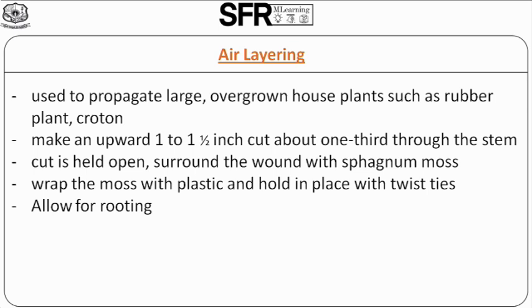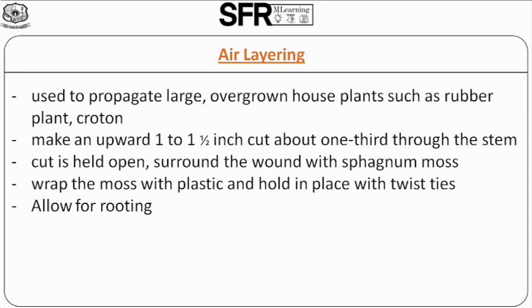Select such a matured stem and make a ring-like cut on the stem at two edges. It should be 1 to 1.5 inch in length. Make a circular cut on the two edges and remove the bark. Make sure the bark is completely removed.